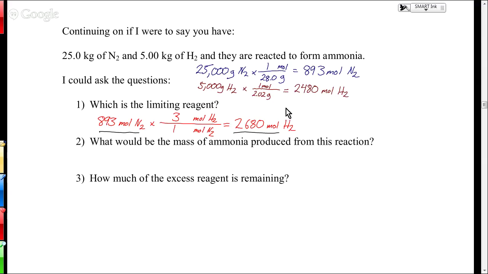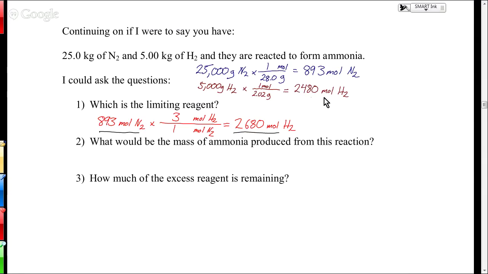Now we can go back and look at our numbers. We've got 893 moles of nitrogen and 2,480 moles of hydrogen. So what does that tell us is the limiting reagent here? Hydrogen, right? You see that? We have less hydrogen than we need. If we're going to react all of those 893 moles of nitrogen, we need 2,680 moles of hydrogen, and we don't have that much.